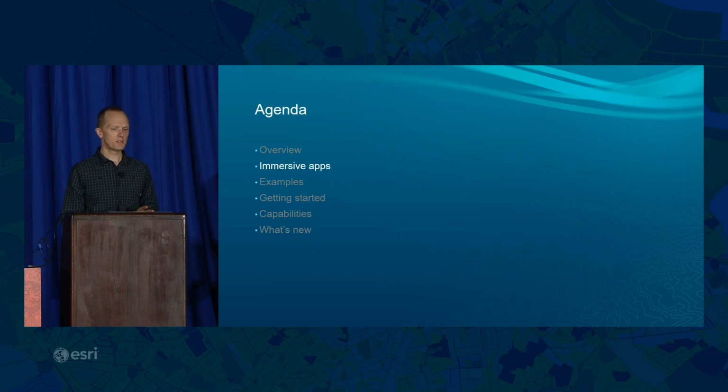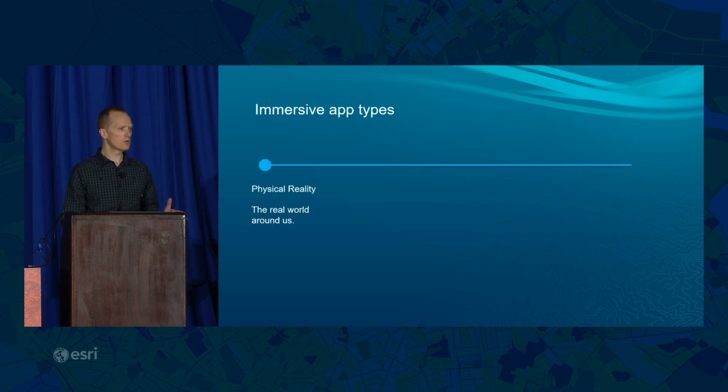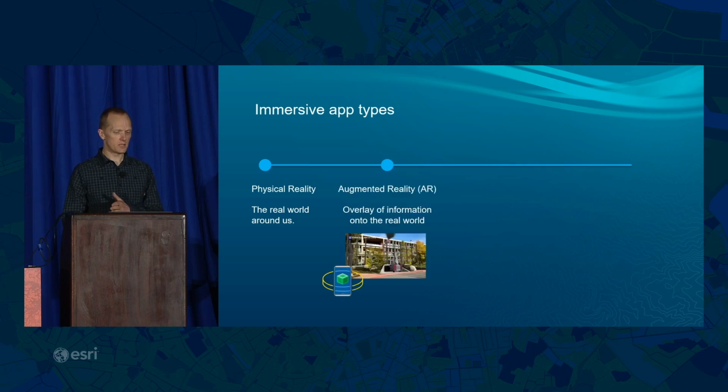So what about immersive apps? And that's a term that we'll use a lot throughout this session. Well, when we think about immersive apps, there's really a spectrum of immersion. So looking at the line here from the real world, physical reality on the left-hand side, moving to the right-hand side, we go through increasing levels of immersion.